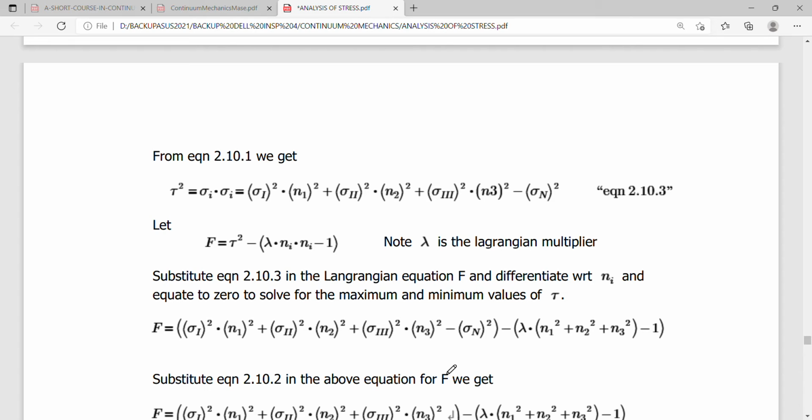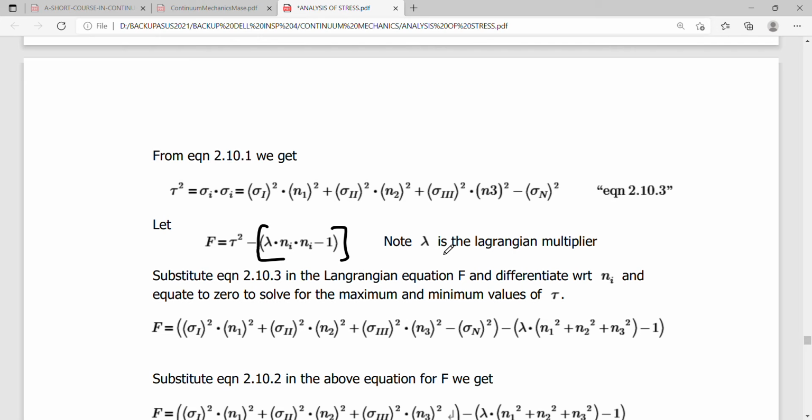Okay, if I now use this Lagrangian equation to form an expression upon which my tau squared here is simply substituted, this expression here is actually the technique upon which the Lagrangian multiplier method was based.